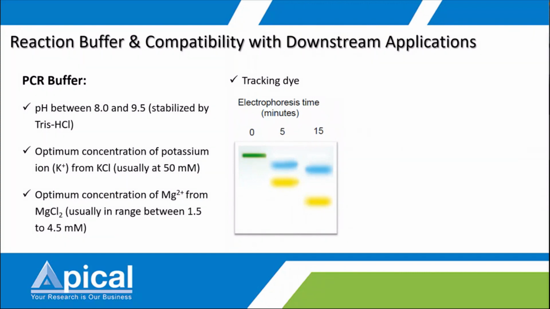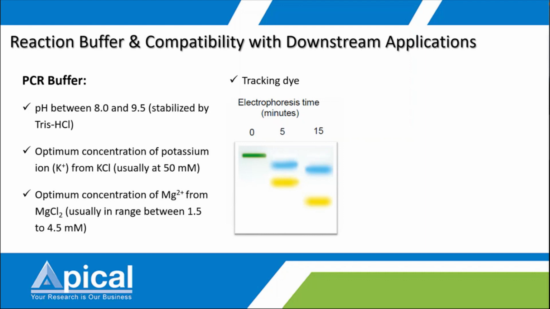If the magnesium ion is insufficient, it will cause failure of the reaction. But if it is excessive, it may also affect the fidelity of the DNA polymerase, and it may cause the generation of unwanted product.